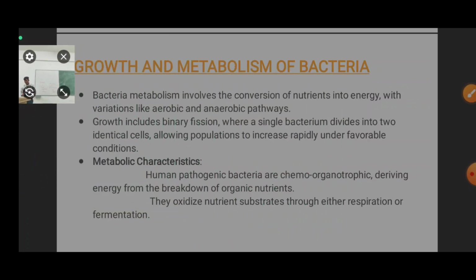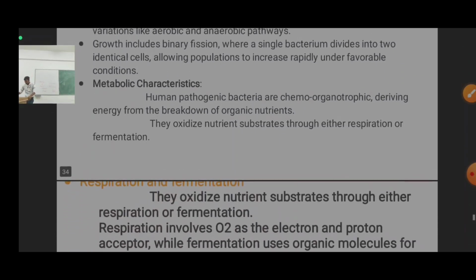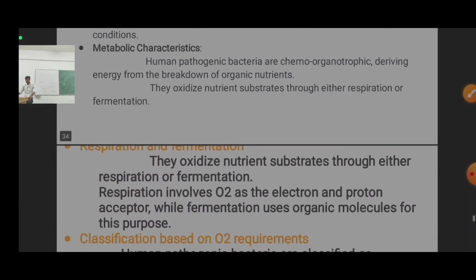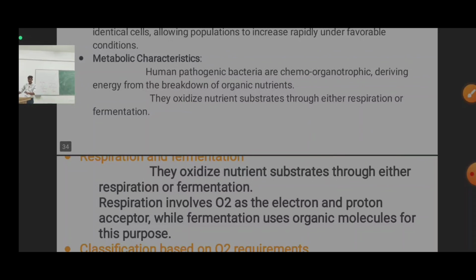Metabolic characteristics. Human pathogenic bacteria are chemoorganotrophic, deriving energy from the breakdown of organic nutrients. They take the energy basically from dead organisms. They oxidize nutrient substrate through either respiration or fermentation. Now see the slide.